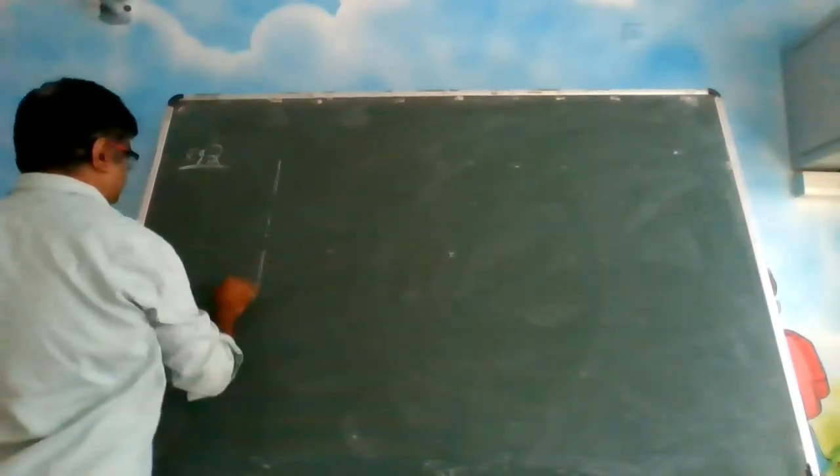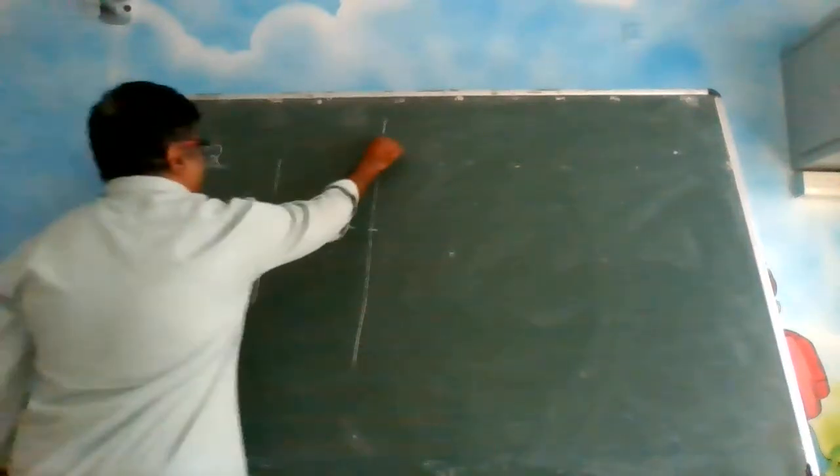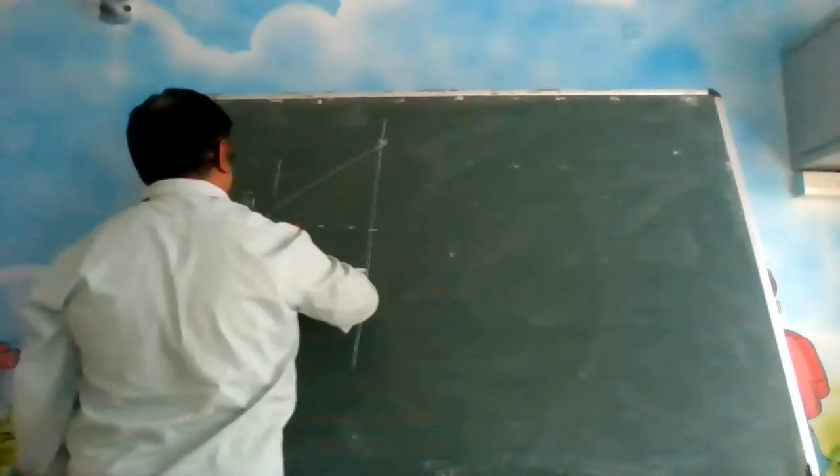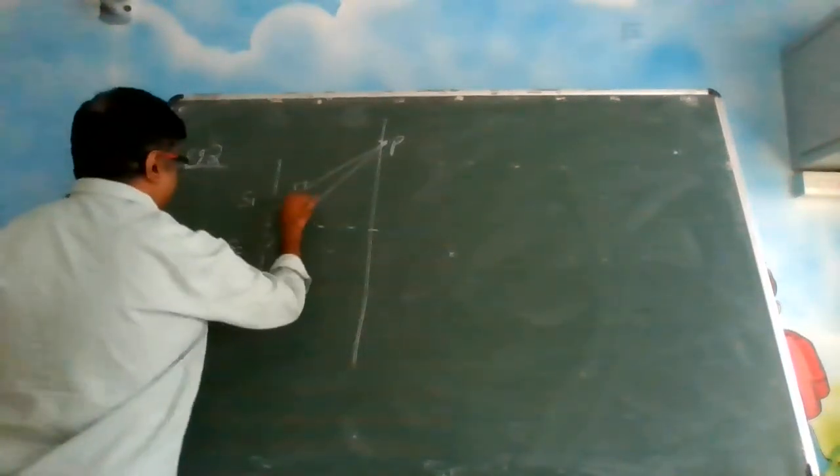In the second example, illustration. Again a similar situation. This is S1, this is S2, this is the screen. Here also you are taking a point P, and they have put a glass slab, but the wording is a little different.